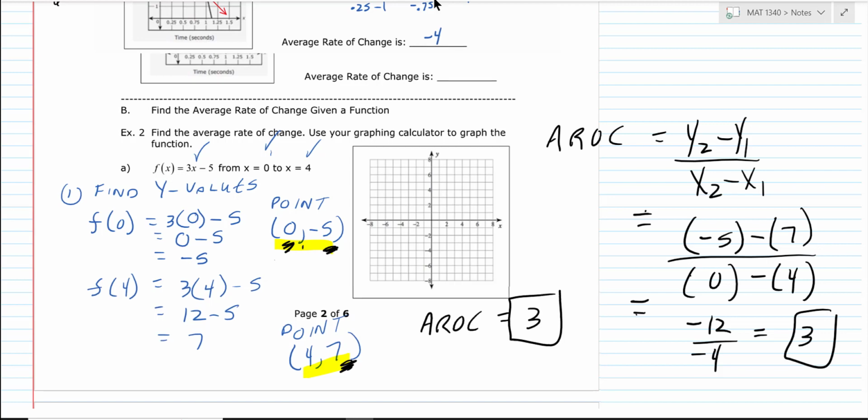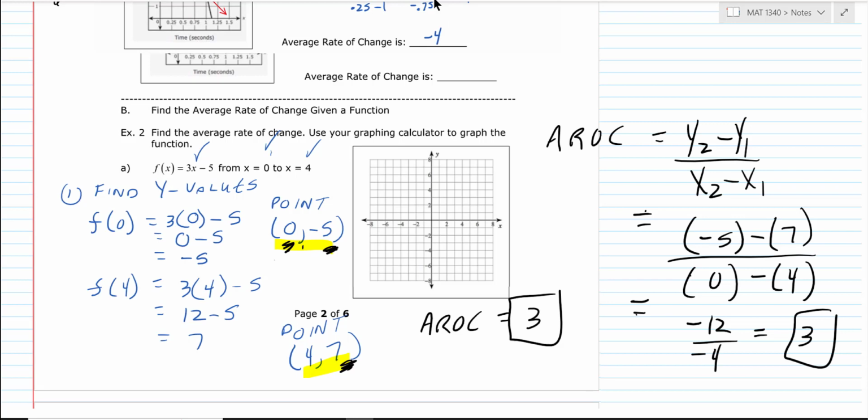Now there's something that I want you to see on this problem, and it depends on your background, I think, is I already knew what the average rate of change was without doing that. I'm curious if anybody knows. What do you think? Yeah. Okay, this is a line, y equals mx plus b. That slope is 3, and that's what an average rate of change is.